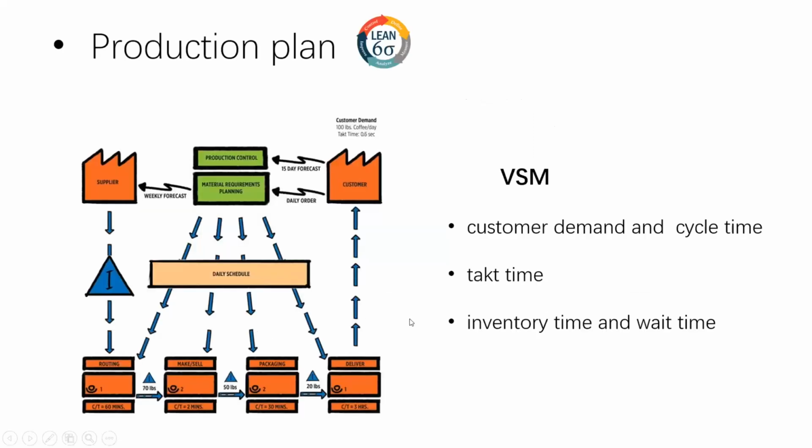And to build up our production plan, it's time that we build our VSM. We will calculate our customer demands and the cycle time. The second thing is to calculate the takt time. The final is to calculate the inventory time and the wait time.